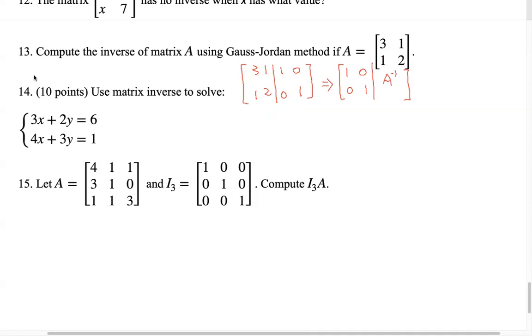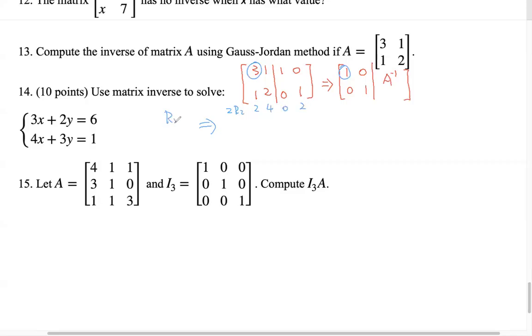Okay, so we need to do a row operation. First, we want to change this 3 to be 1 because there's a 1 here. So what do we do? Let's use this spot. Well, we can build a bridge, 2R2, right? There would be 2, 4, 0, 2.